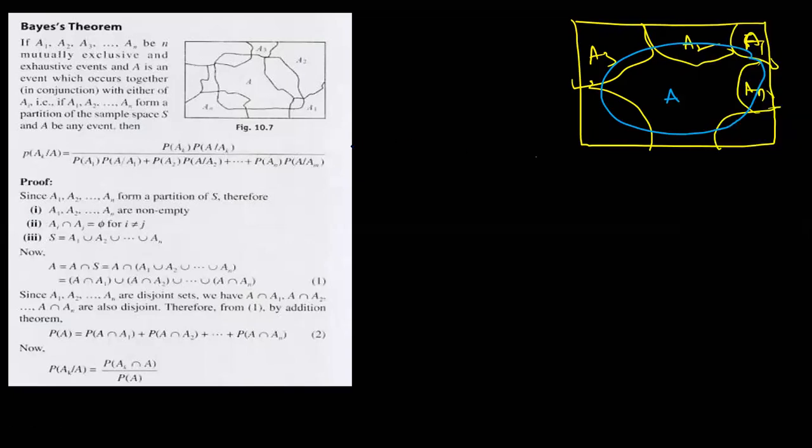Okay. Now, conditions. Get ready. The concept is A1 union A2 union A3 and so on union AN is what? Yes. Why? Because these are exhaustive events. Please add this point: exhaustive events.